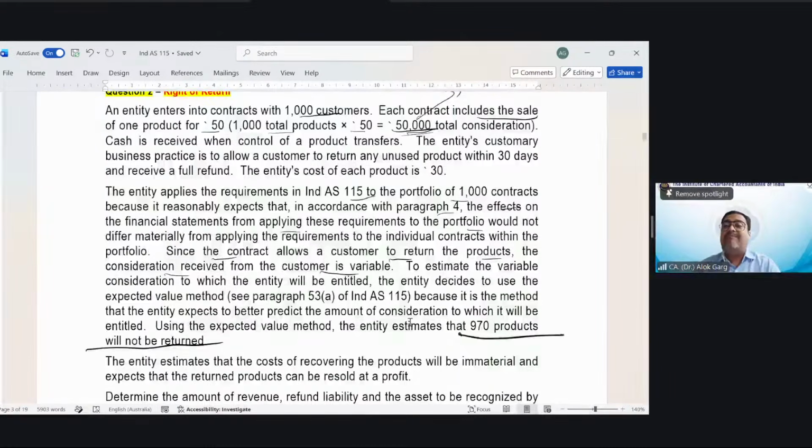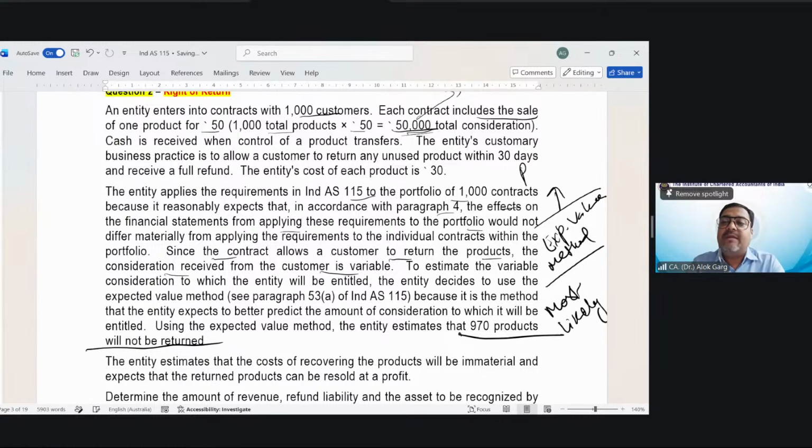And the second one was the most likely approach. You remember the two methods: expected value method, and the most likely approach.